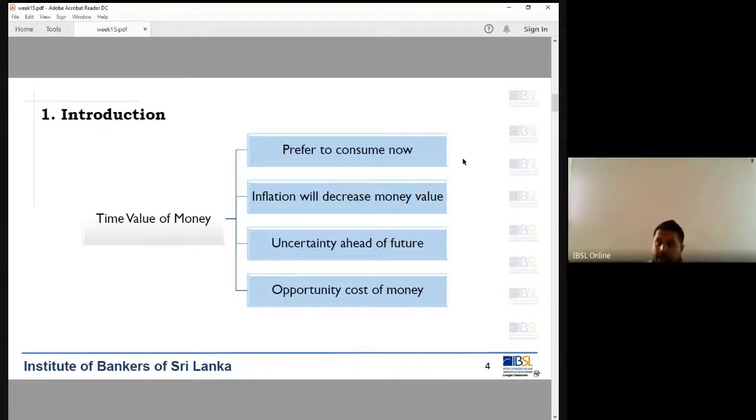Maybe an outbreak like COVID-19 kicks in. Maybe you get sick. Maybe you lose your job. You may have some negative impact on your businesses. A lot of things can happen. So always when there's uncertainty ahead in the future, the time value of money suggests that your money in the future cannot be compared with the money right now. The last and the least point that we want to discuss is the cost of money.